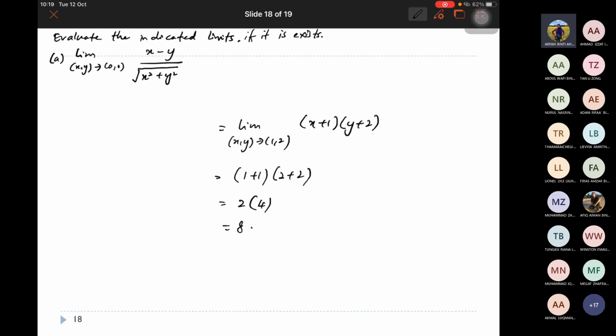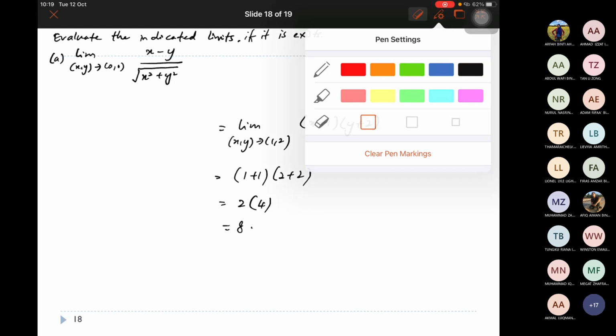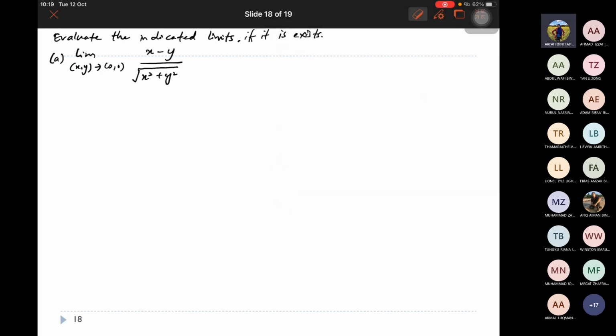So, the limit of XY approaches 0. Consider okay, X equal to 0, Y equal to 0.